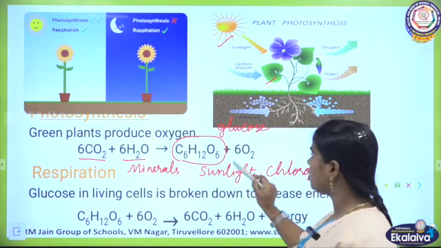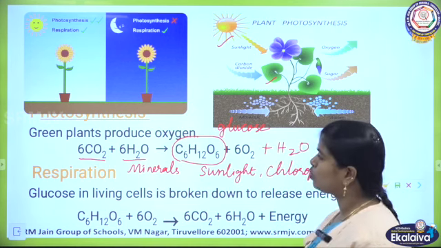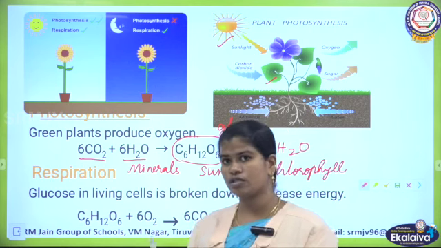And along with that, oxygen and water will be released. So this is the equation for photosynthesis.